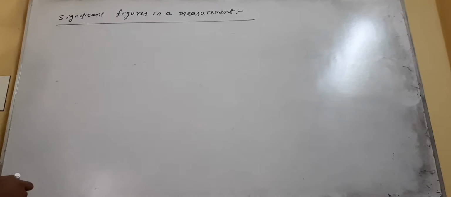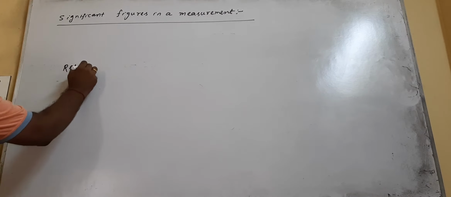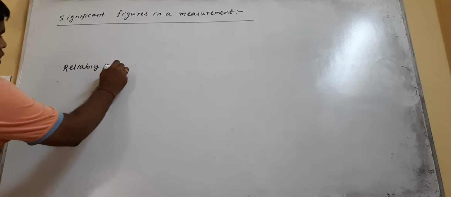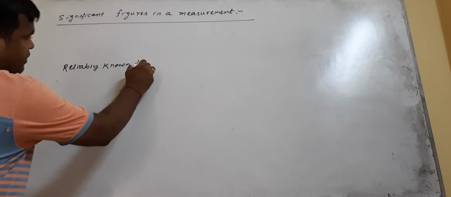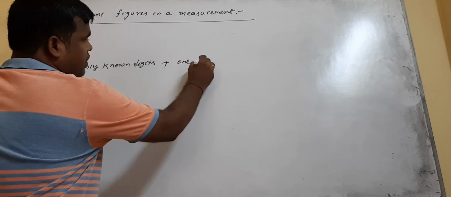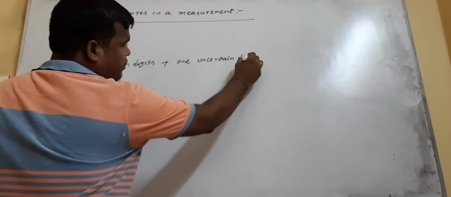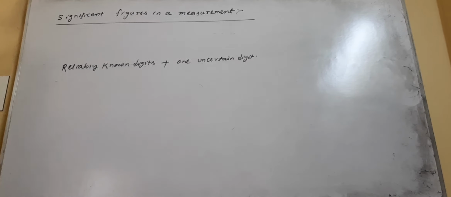So significant figures are the reliably known digits plus one uncertain digit.